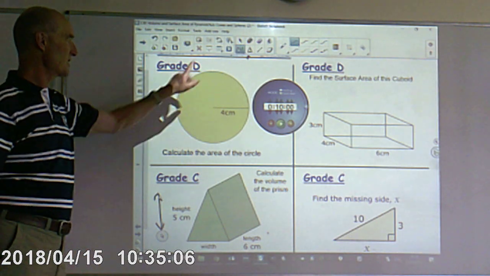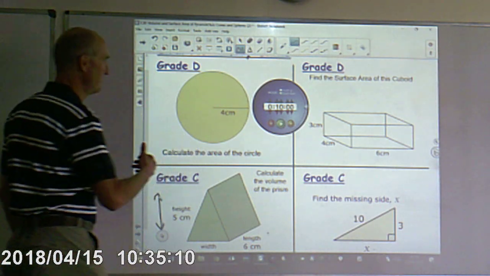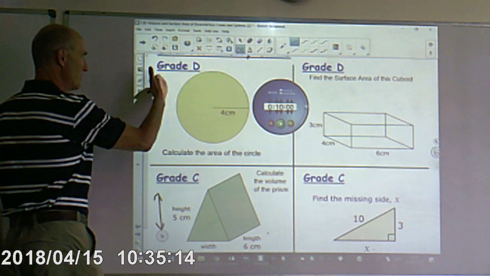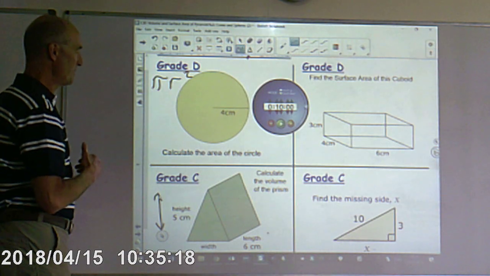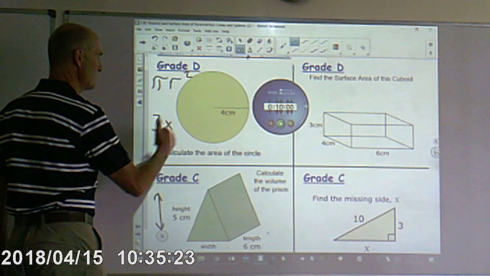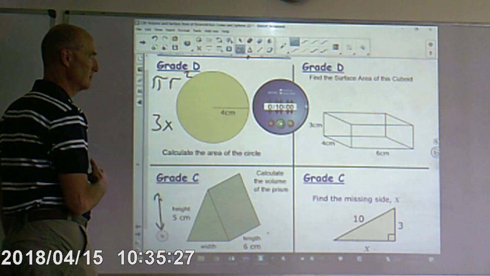Okay, I said take a value of pi of 3. Just to make life easy for yourself, what's the formula for the area of a circle? It is pi r squared. So if we take a value of pi of 3, we've got 3 times, the radius is 4, what's 4 squared?